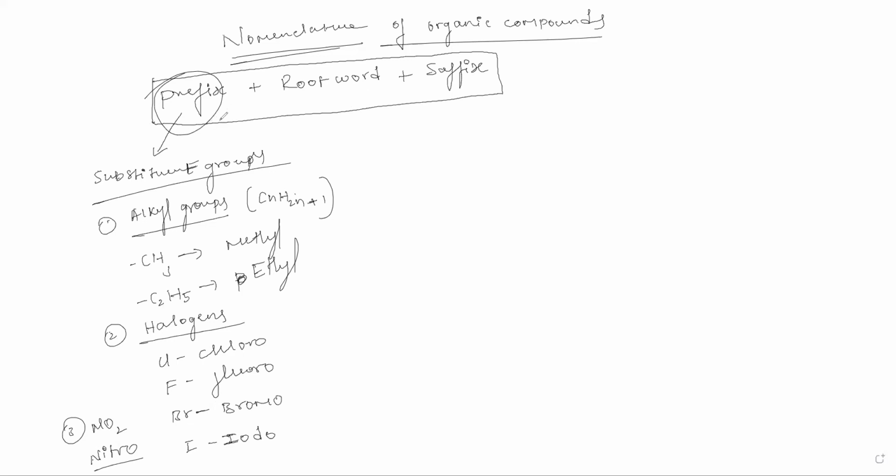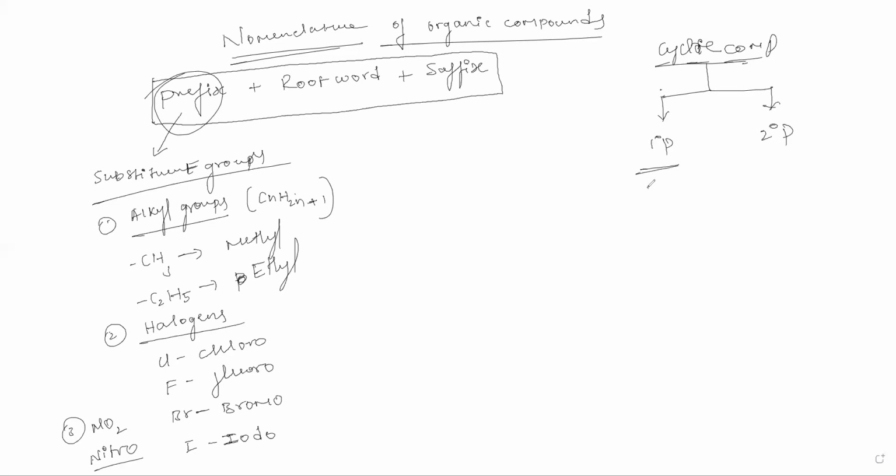When it comes to cyclic compounds, there are two types of prefixes we have to use: primary prefix and secondary prefix.